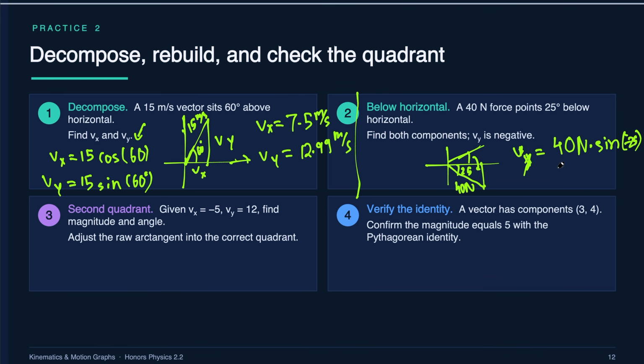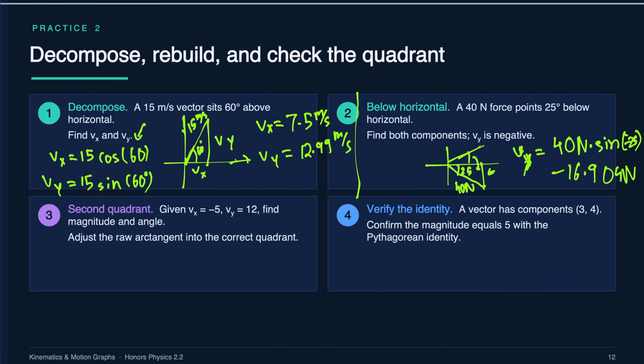Or you could do, this is a bit risky, but you could do sine of 25 because the magnitude is just going to be the same, right? It's just that this is a negative. And then you have to make sure that you remember to put the negative. But if you don't trust yourself with remembering that, you can just use sine of negative 25. So if I calculate that, that's negative 16.94 newtons.